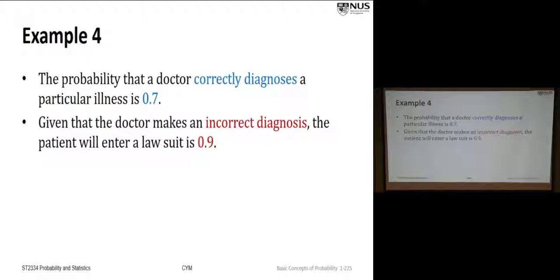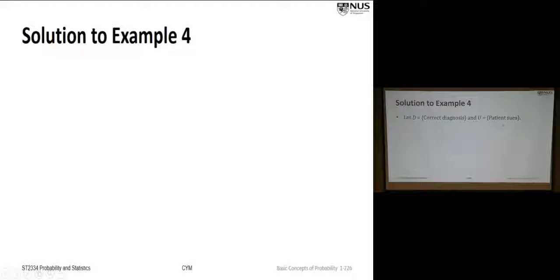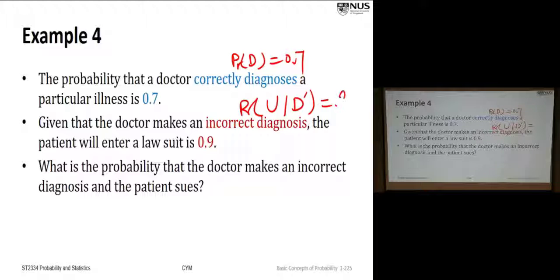So to translate it, I use D as correct diagnosis, and U means the patient sues. So in other words, what is given is that the probability of correct diagnosis is 0.7, the probability of entering a lawsuit, given that it is an incorrect diagnosis, is 0.9.